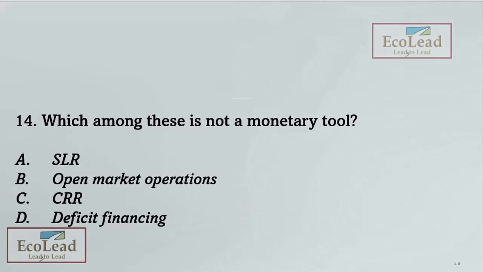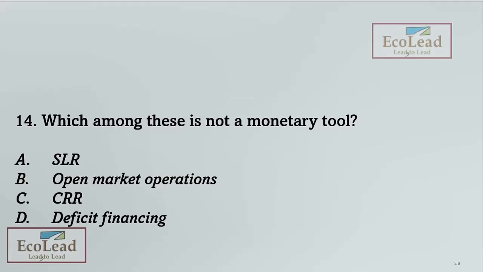Which among these is not a monetary tool? What are the monetary tools? Let us check the options, that among these which are coming under the concept of monetary tool. First one is SLR, statutory liquidity ratio. Second option is open market operations. Yes, this is also coming under monetary tool.